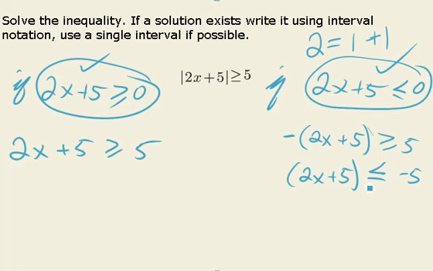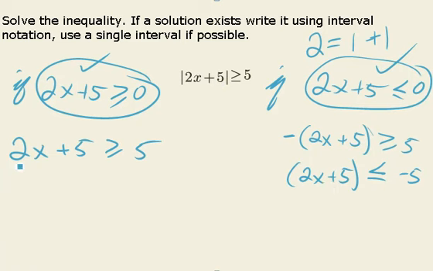If this one is met, then 2x plus 5 is positive, and we rewrote the absolute value signs correctly. So if this was met, then we have a solution to this inequality. Similarly, if this inequality is met, then 2x plus 5 is a negative number, and so the way to rewrite this is that way. So if we had a solution to this, we also have a solution to the original inequality.